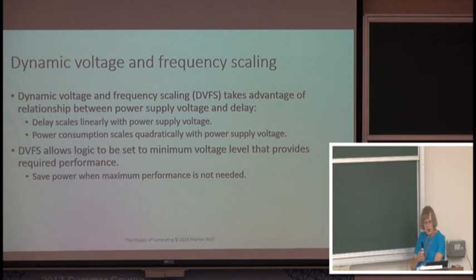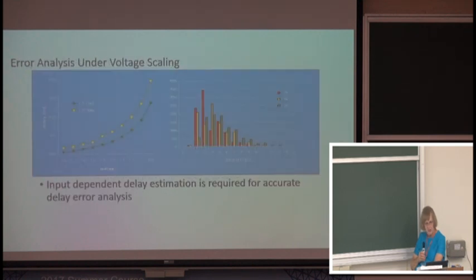Now my student Seon Kim looked at a more aggressive approach, which is operating below the threshold voltage of the transistors. Standard DVFS assumes that the logic levels are above the threshold, so the transistor is on. If we're below the threshold voltage, the transistor becomes weaker exponentially, but it's not entirely off.